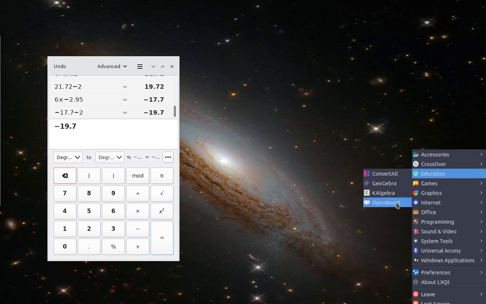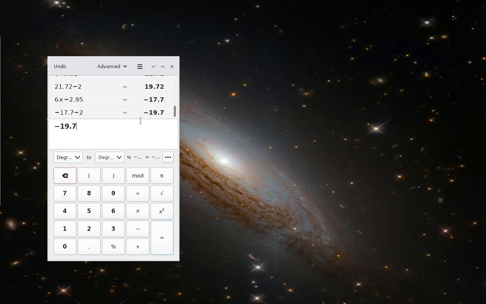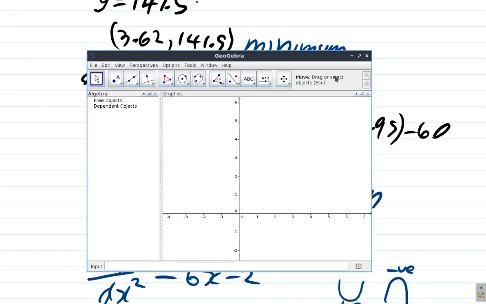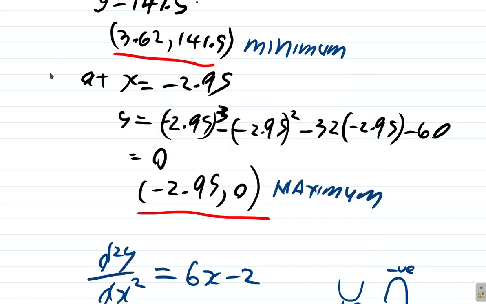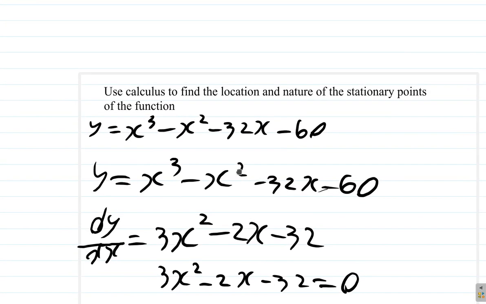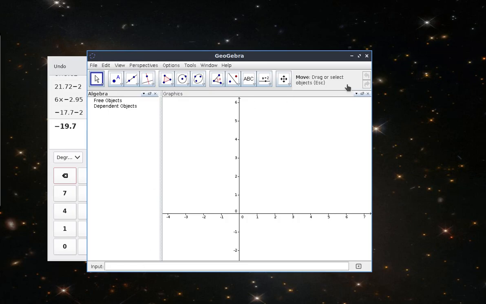Suppose we open our graph plotter, GeoGebra, to see what the graph would look like. What was the original function again? x cubed minus x squared minus 32x.